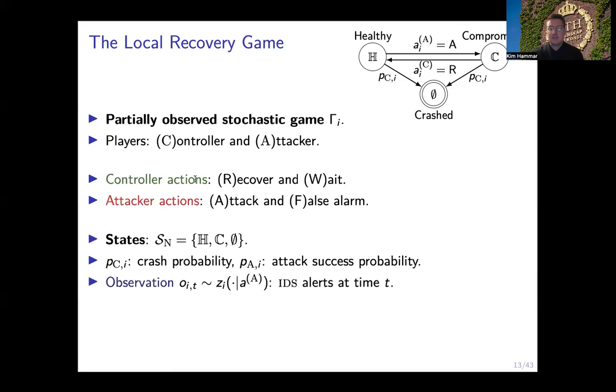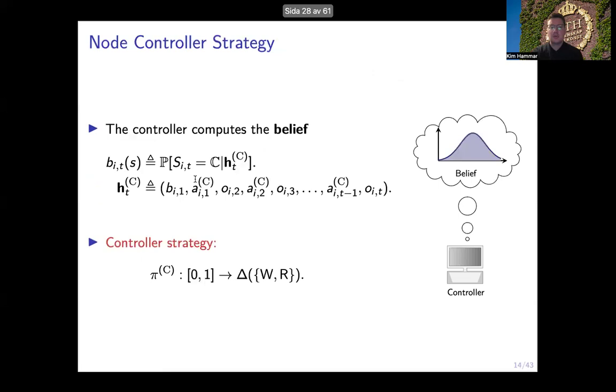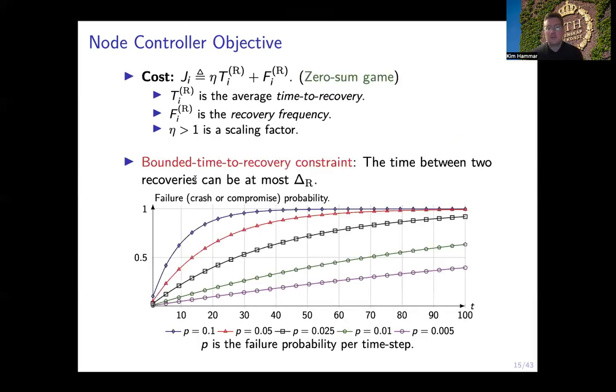Based on these observations, the controller then computes the so-called belief state, namely the posterior probability that a node has been compromised given the history of observations. And since the state here is Markov and the belief is a sufficient statistic of the state, we can then define a recovery strategy to be a mapping from the belief space to a distribution over the action space. When selecting this strategy, the goal of the controller is to balance two conflicting objectives.